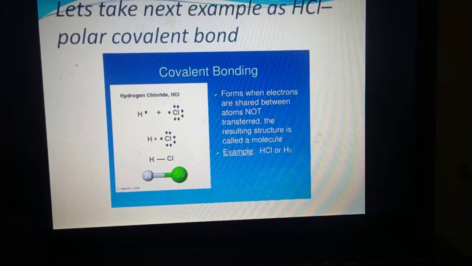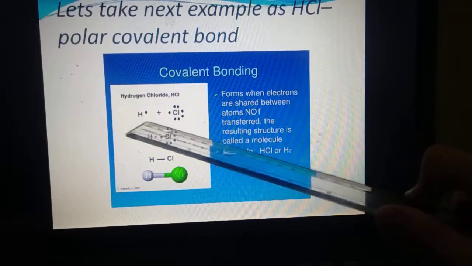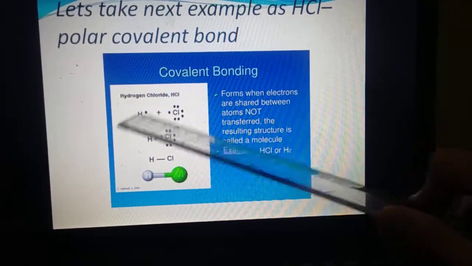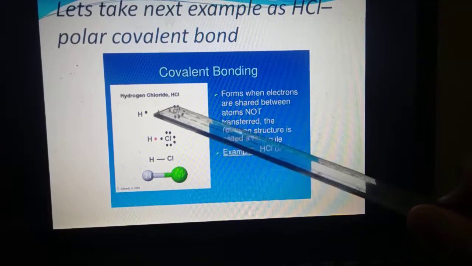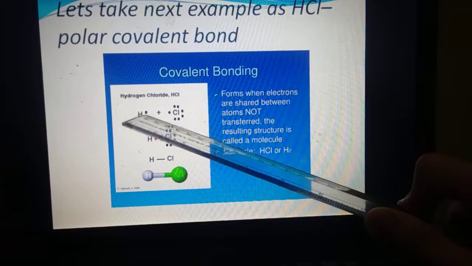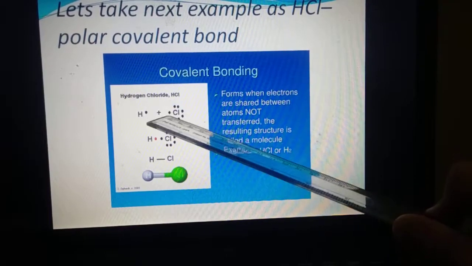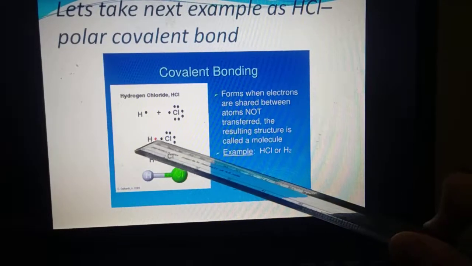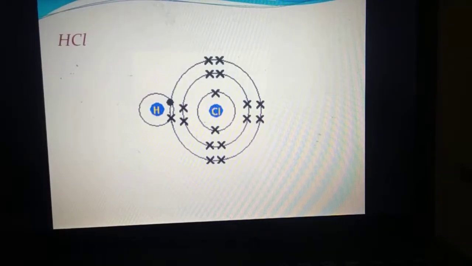Let's take another example, HCl. We know that hydrogen has atomic number 1, while chlorine has 17, with 7 electrons in the outermost shell. Now hydrogen's 1 electron and chlorine's 1 electron will be shared and they will form HCl molecule.